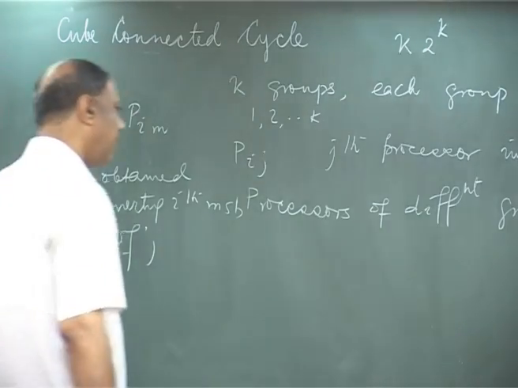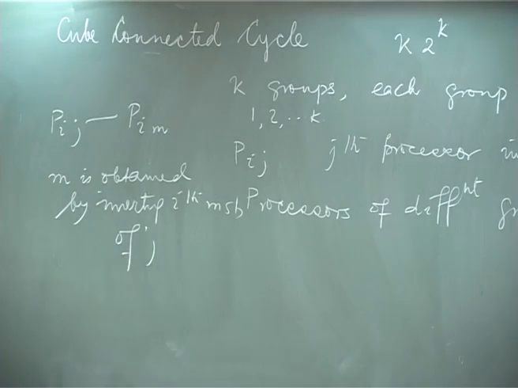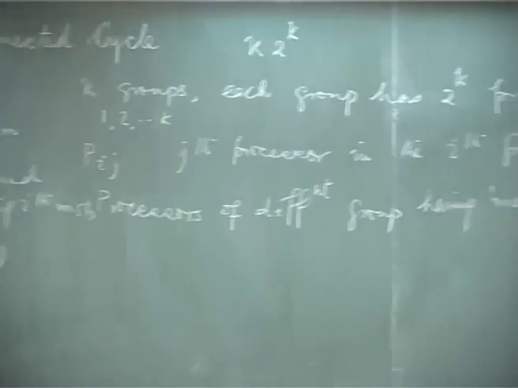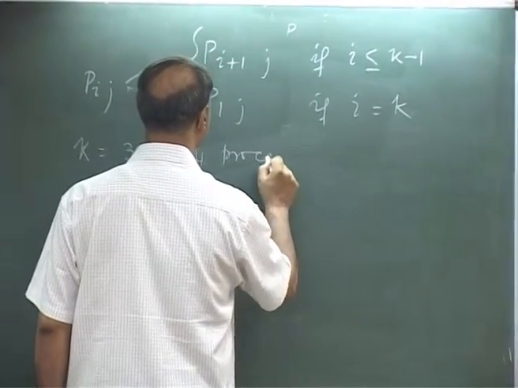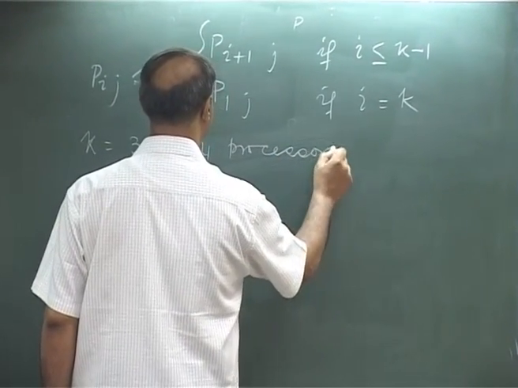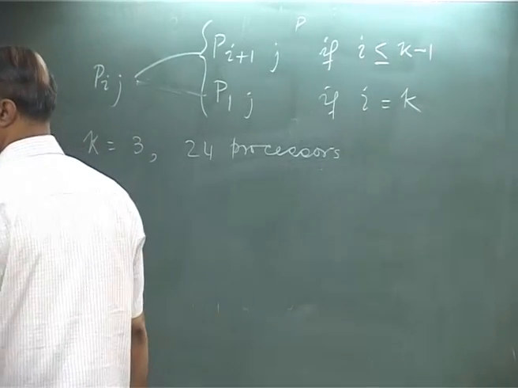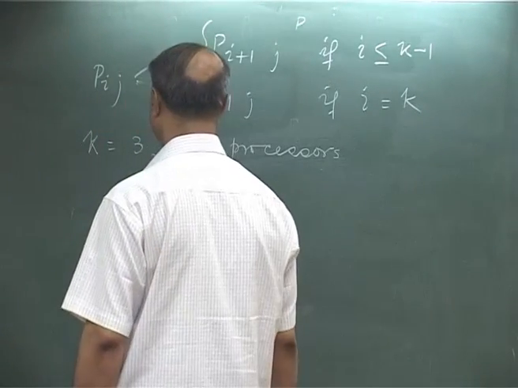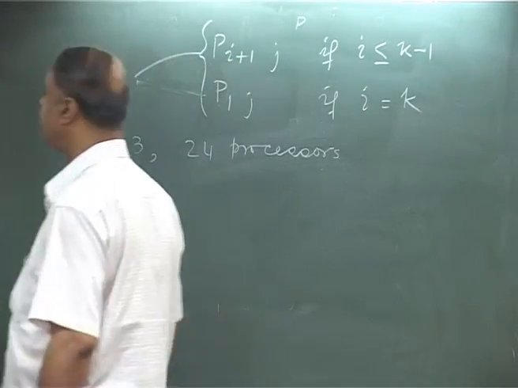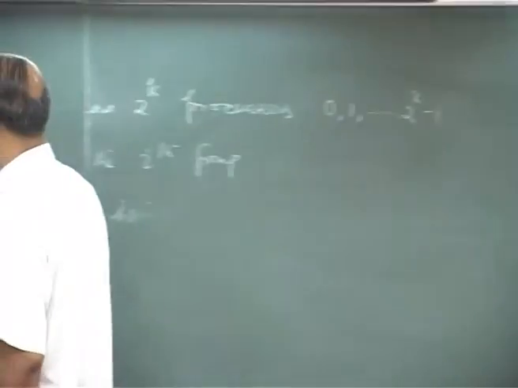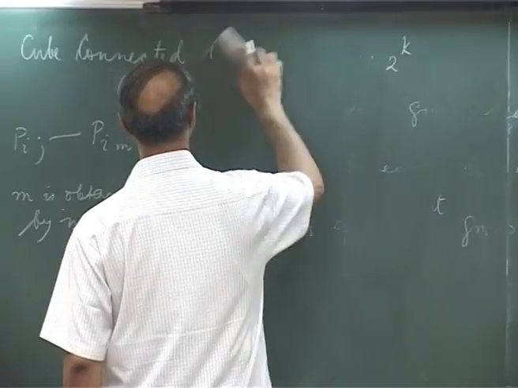So let us see, when you have 24 processors, that is k equals 3, you have 24 processors, and the number of groups is 3, and each group is having 8 processors.